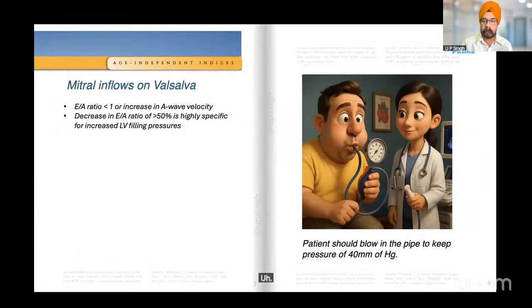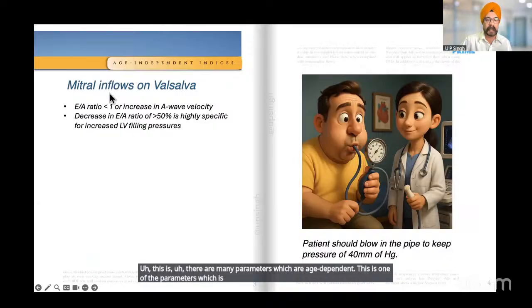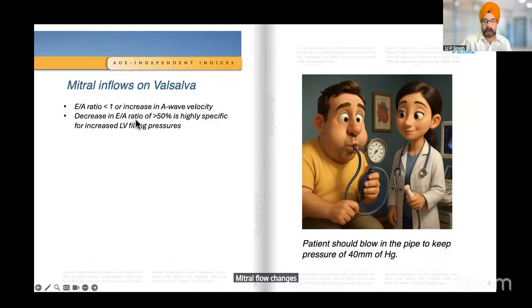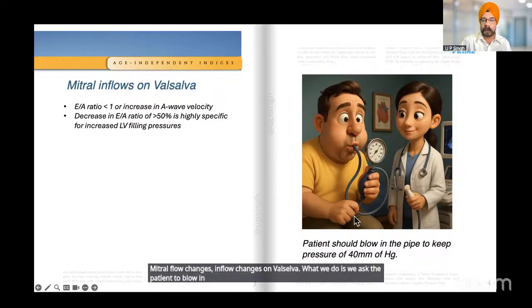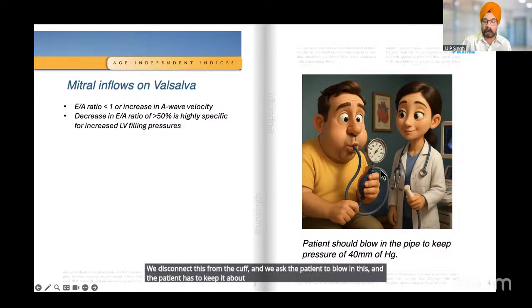There are many parameters which are age dependent. This is one of the parameters which is age independent, that is mitral inflow changes on Valsalva. What we do is we ask the patient to blow into a pipe. We disconnect this from the cuff, and the patient has to keep it at about 40 millimeter of mercury, and that is the Valsalva.